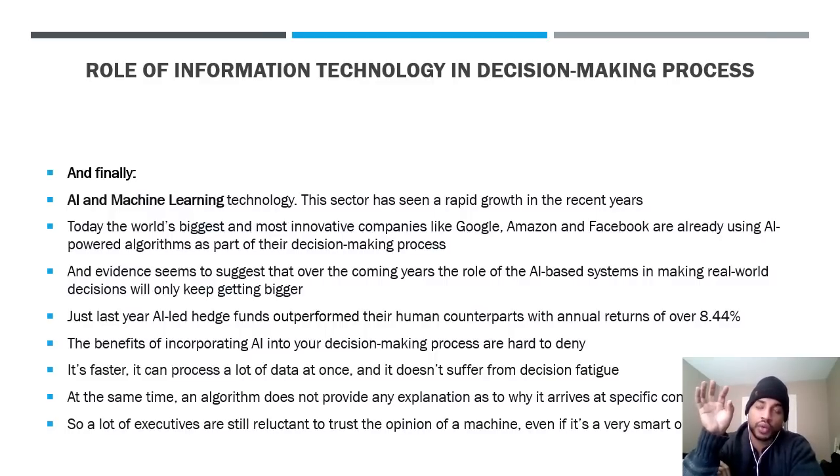So a computer was running its algorithms and trading these people's money. And then there was another company that had only people doing the trading. So it's computer versus human trading. And what we realized is that the company that used AI had 8.44% more annual returns. Guys, do you know how much 8.44% is in annual returns?